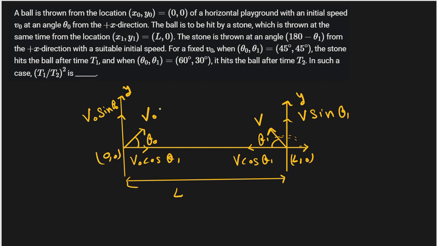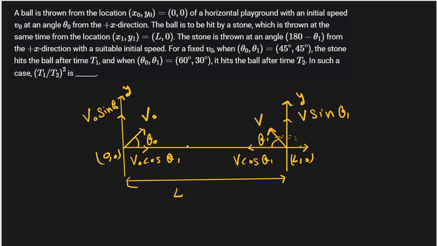So here the whole motion will be in a plane, because there is no z axis, and the particle is not moving at any time along the z axis; it is only moving in the xy plane. So at the same time, the x and y coordinates of both particles should be the same. Let us first solve the y coordinate. The initial y coordinate of both particles is 0.